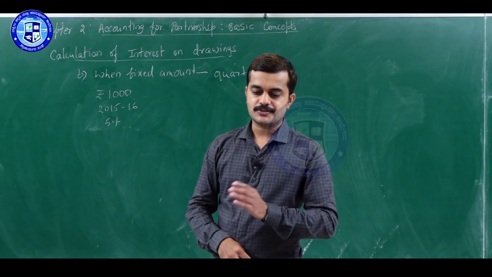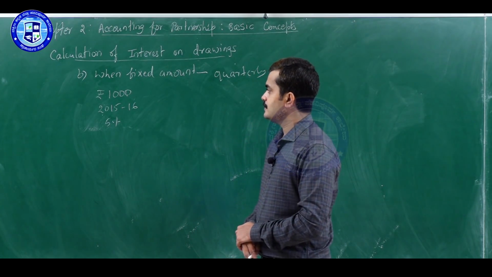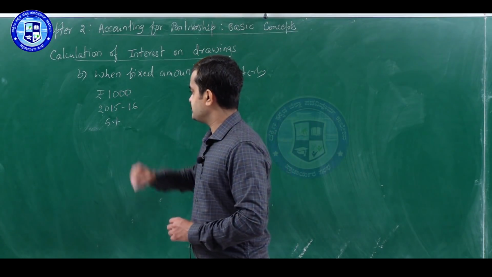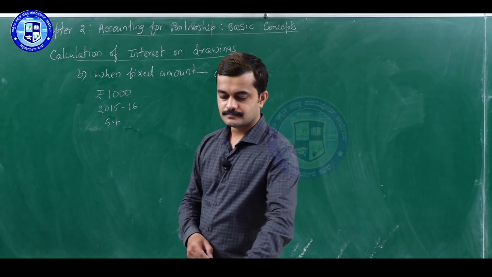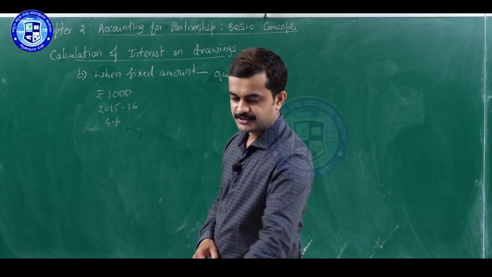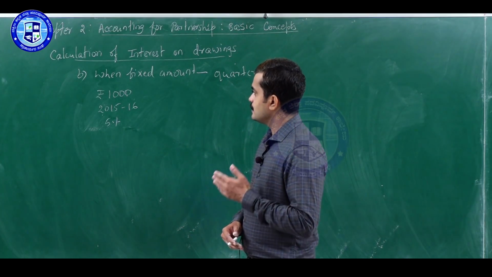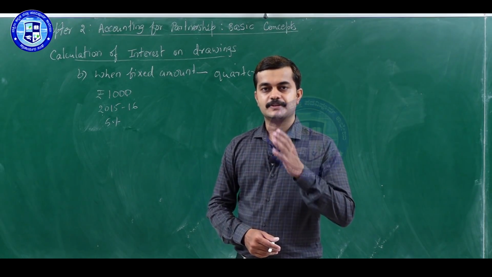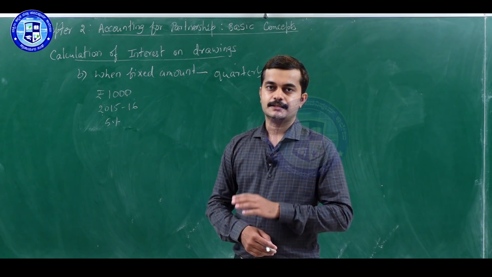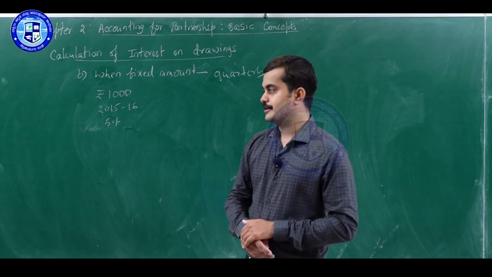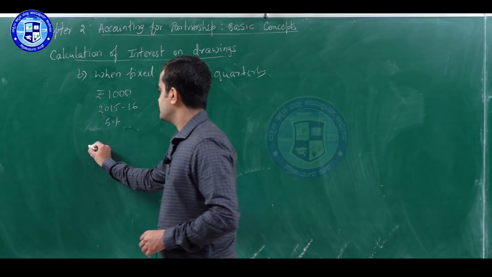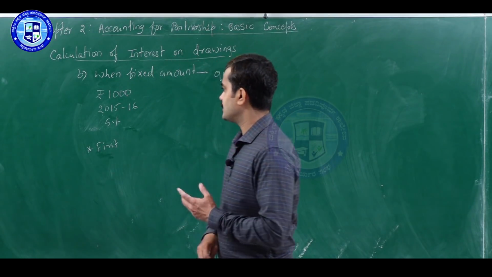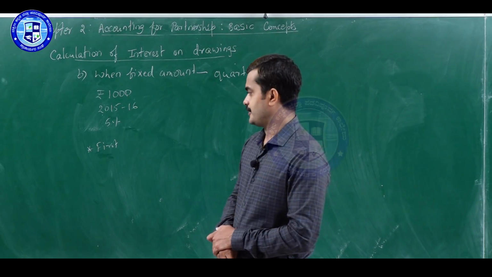Calculate interest on drawings of Ram under the average period method. So, there are two possibilities. Ram can withdraw all those drawings on the first day of every quarter or the last day of every quarter.